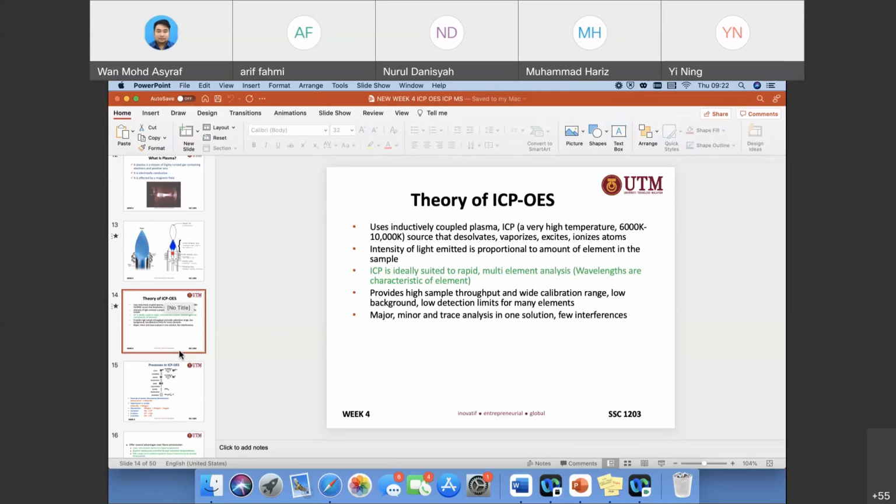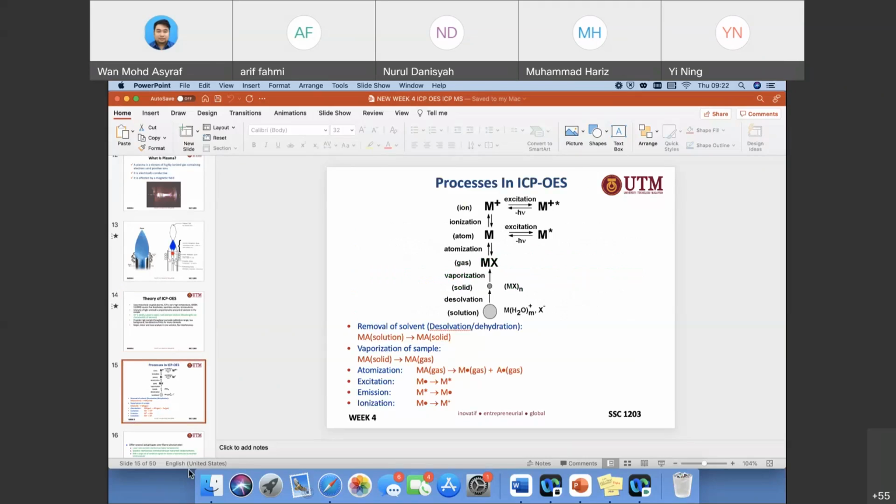Okay, we also have looked into the processes in ICP-OES. These are the same as the atomization process inside AAS, so basically it corresponds to the same one.